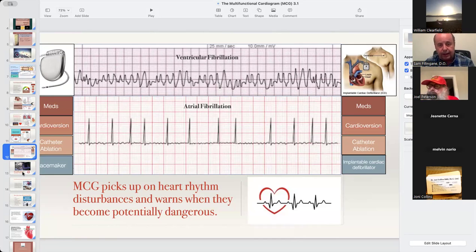If a person had had an ablation and the atrial fib went away and then it reappeared, the risk potential on this device, as soon as the risk potential went back to 5 out of 5 positive, it turns out these patients after the ablation would show up positive in over 90% of the cases in 8 months. So it's an amazing tool to see both ventricular fibrillation and atrial fibrillation.